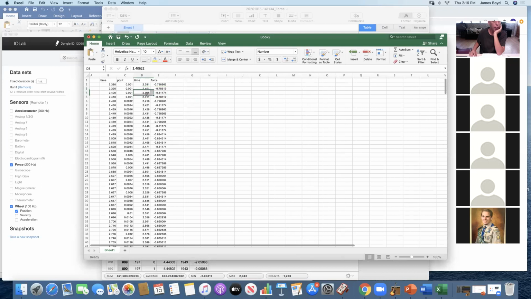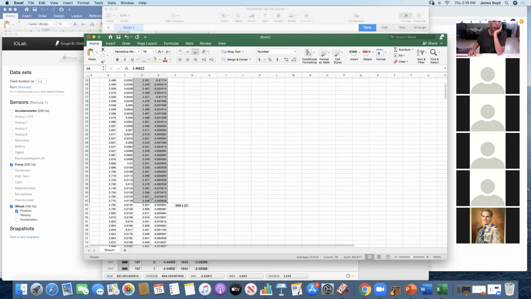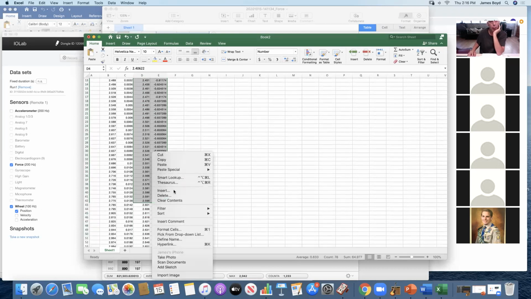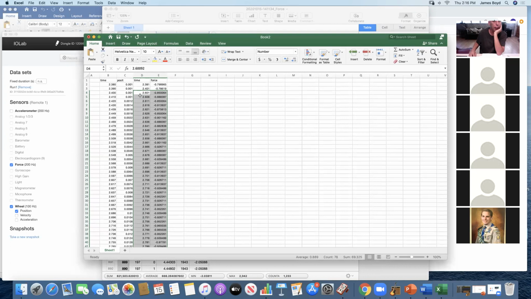And then from here, I'm going to go to 2.6. So every 2 seconds. So I'm going to delete everything between 2.4 and 2.6. And then I'm going to delete everything between 2.6 and 2.8.